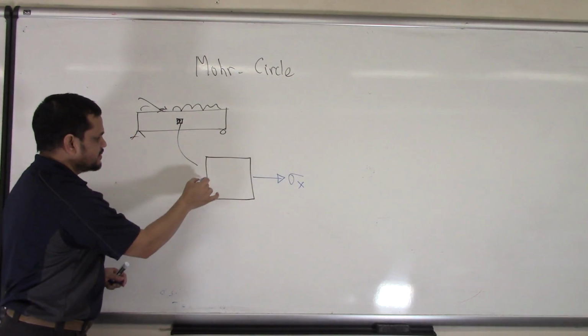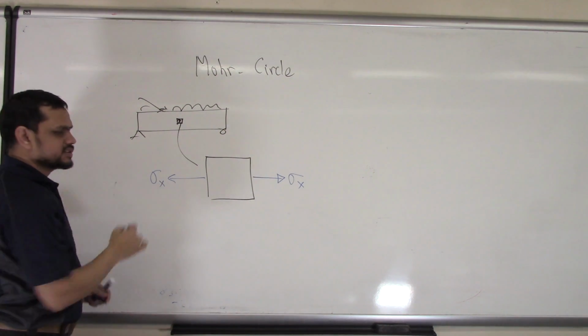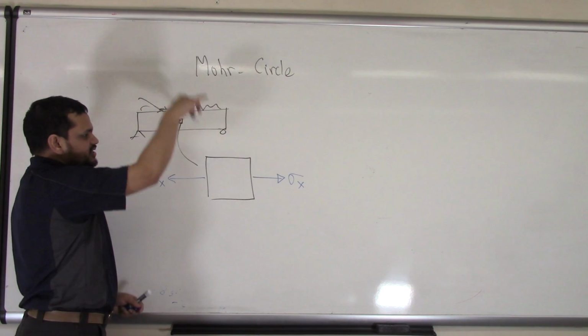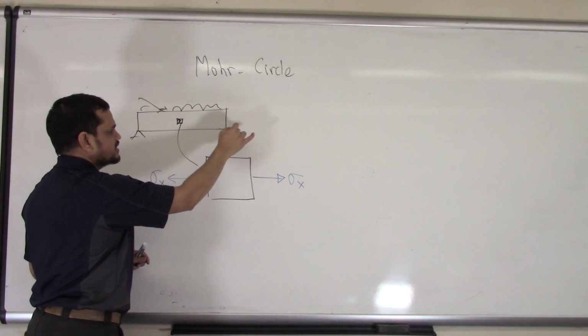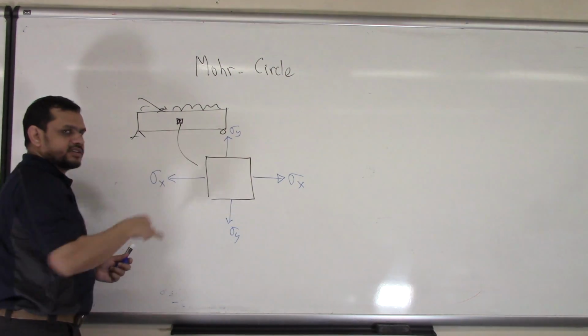So to balance sigma x, I have to write another sigma x here. Say there is a stress on this two, sigma y, another stress sigma y to balance this one.